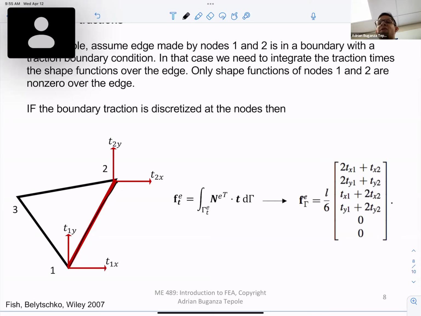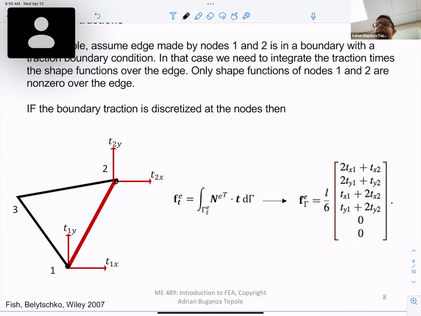If the traction changes, for example between two points, then this is basically a linear interpolation of the traction, and you only apply it to the 2 nodes that are on that edge.